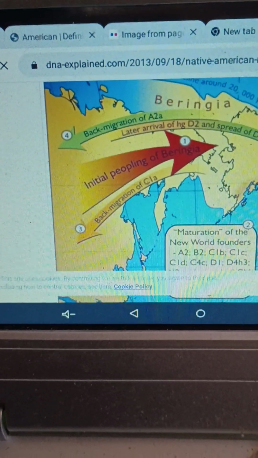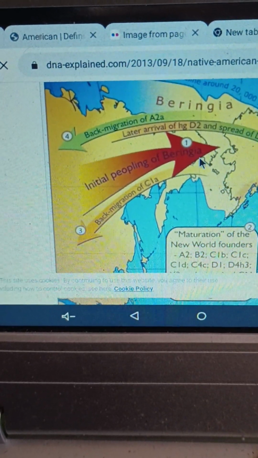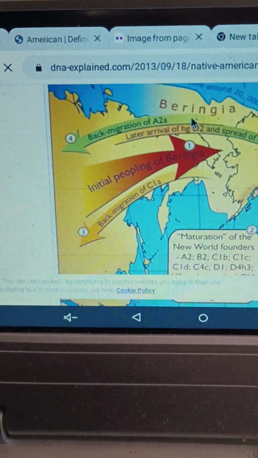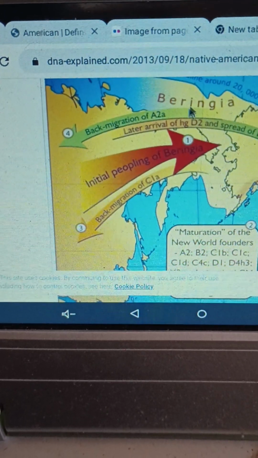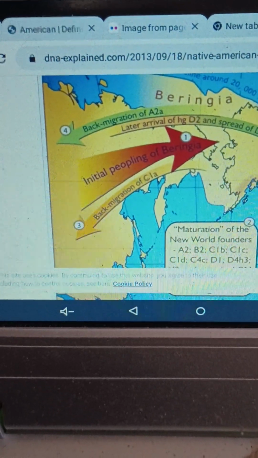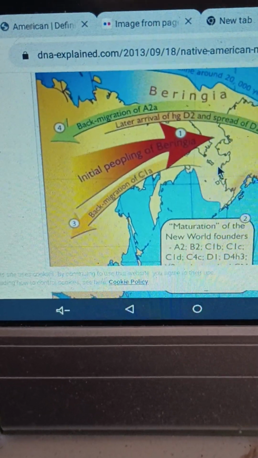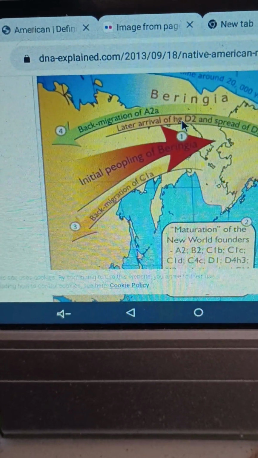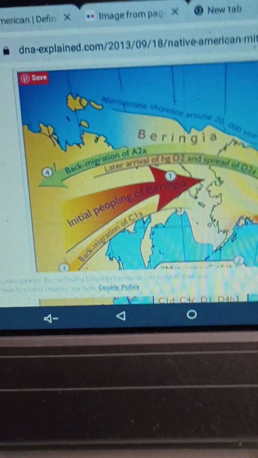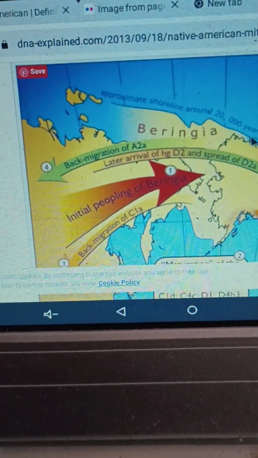So it says initial peopling of Beringia, which was the name given to the hypothetical land that would have existed between Siberia and North America. So this is Beringia, and this happened around, it's the shoreline around 20,000 years ago.